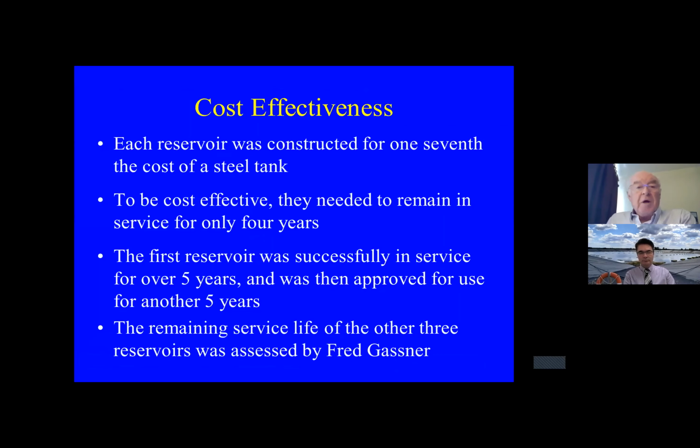So wrapping up, cost effectiveness. Each reservoir was constructed for 1/7 the cost of a steel tank. To be cost effective, they needed to remain in service for only 4 years. The first reservoir was successfully in service for over 5 years and was then approved for use for another 5 years.